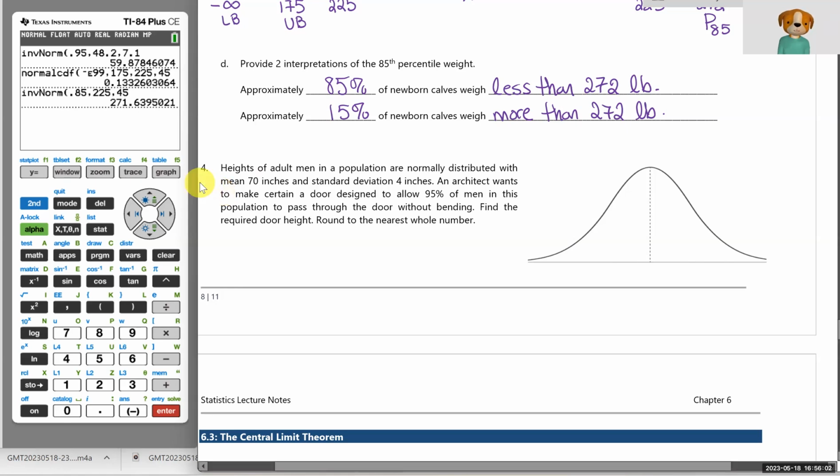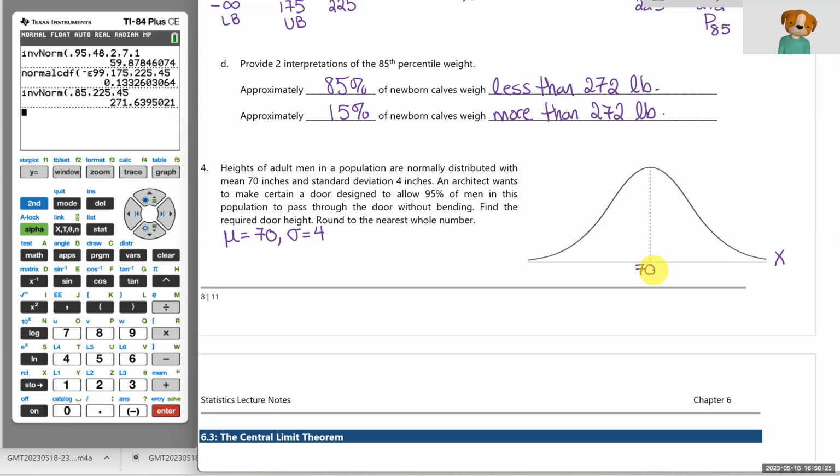Let me just start with this population of men. The mean height, 70 inches. Standard deviation, 4 inches. If X is the height of a man in the population, 70 inches in the center of the distribution is the mean.